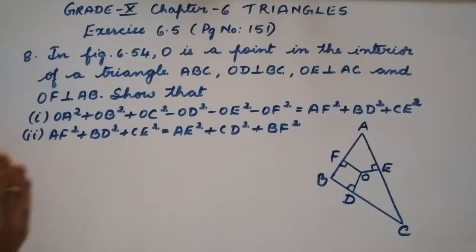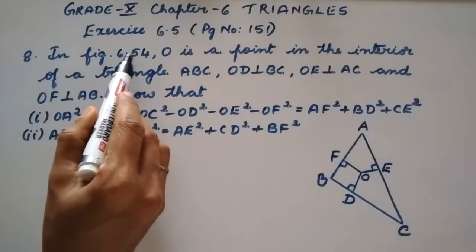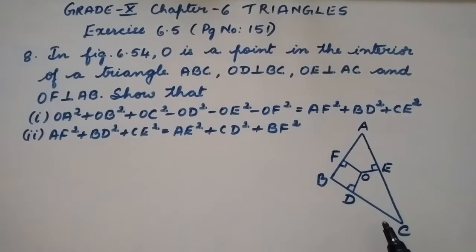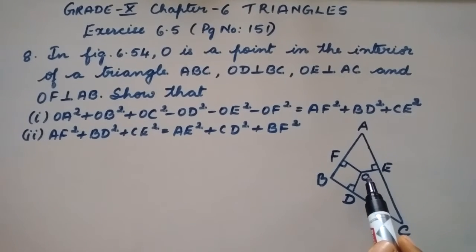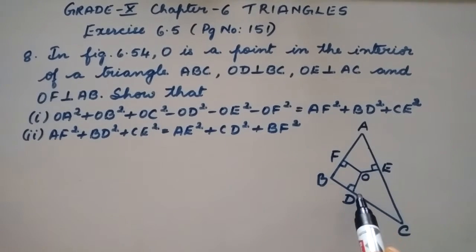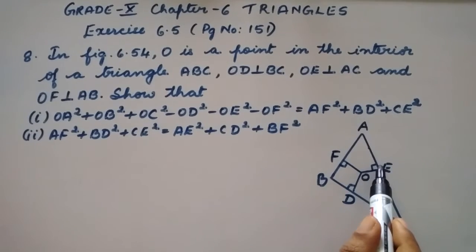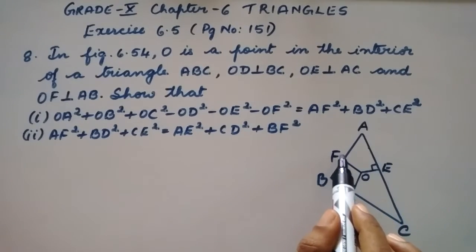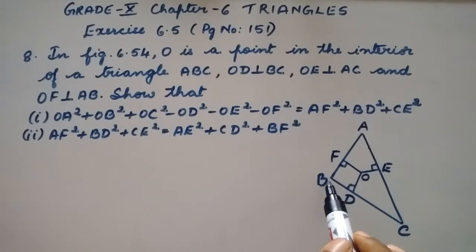Question number 8. In figure 6.54, O is a point in the interior of a triangle ABC. OD is perpendicular to BC, OE is perpendicular to AC, and OF is perpendicular to AB.